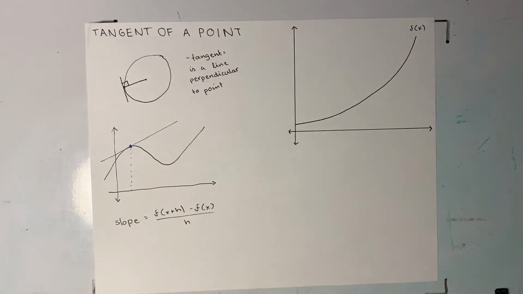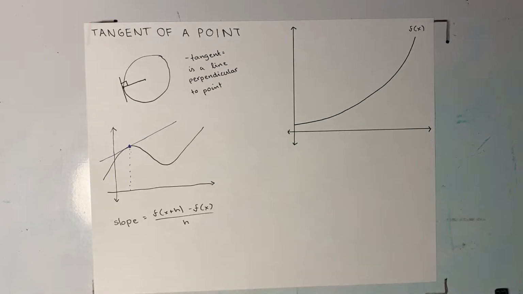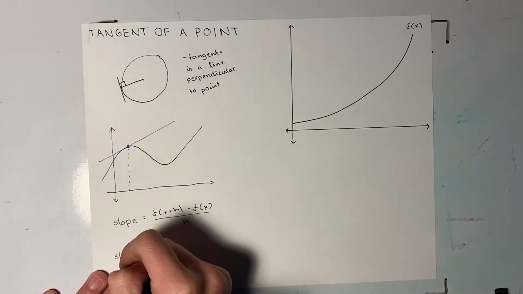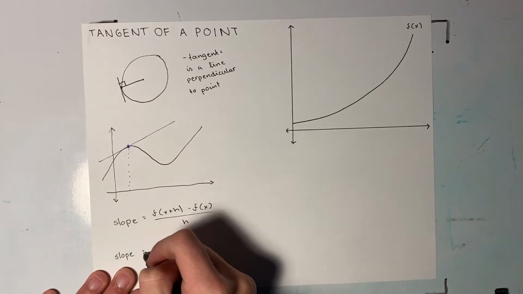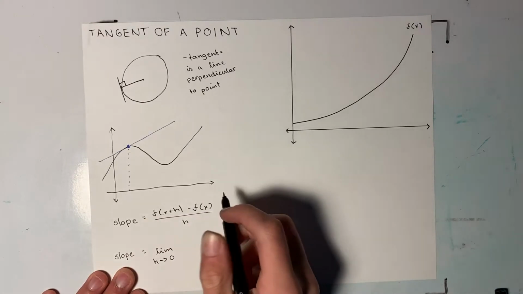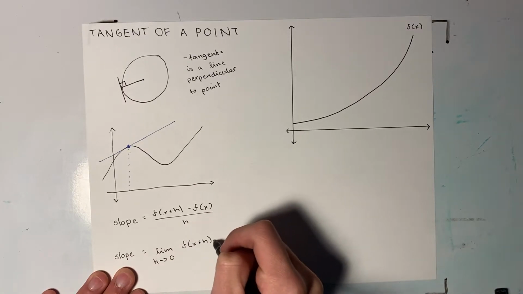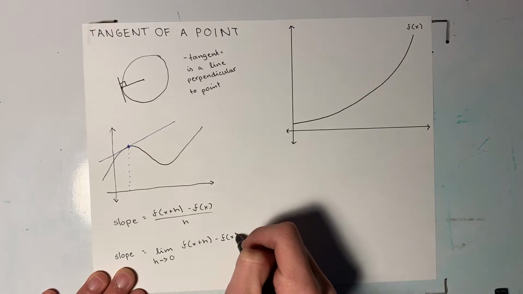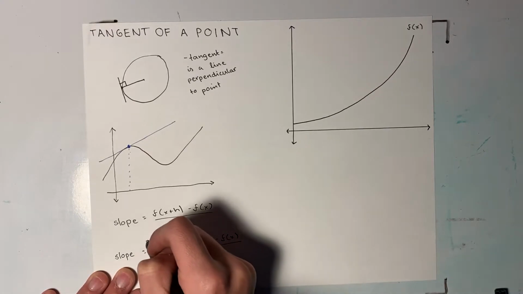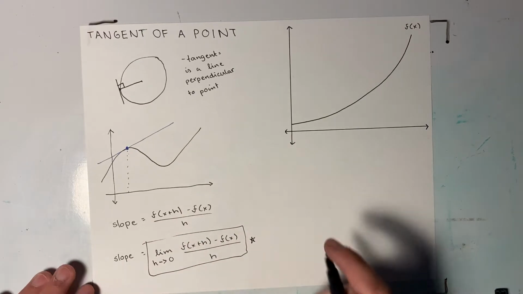And so as hopefully you've watched the previous videos regarding limits, the slope at any point we can figure out is going to be equal to the limit as h approaches 0 of f of x plus h minus f of x over h. So this is the star equation to figuring out the slope at any point.